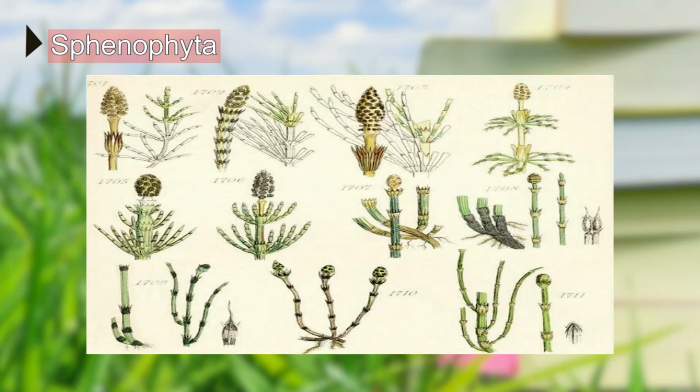Sporangia here are borne on specialized structures known as sporangiophores. These sporangiophores are again clustered to form a structure known as strobili. They are usually homosporous, but in some members heterospory is also seen. So here is the picture. We have different species of this particular group.